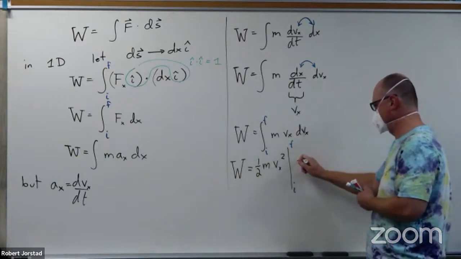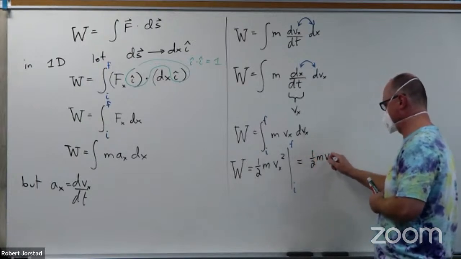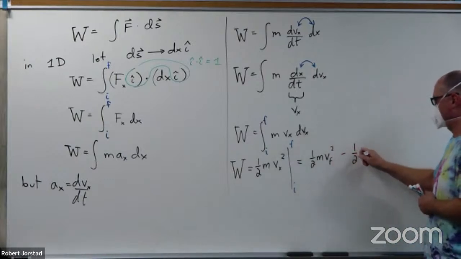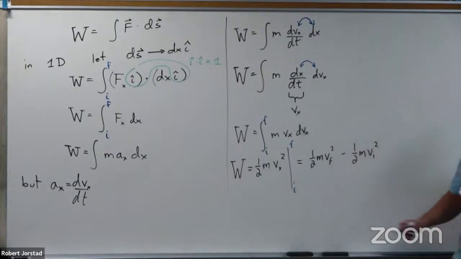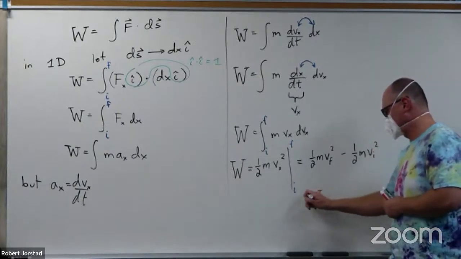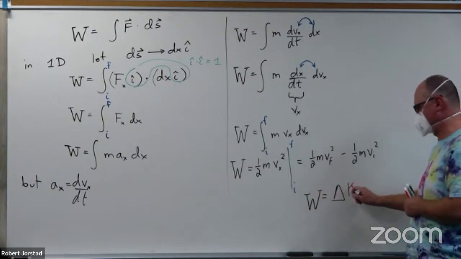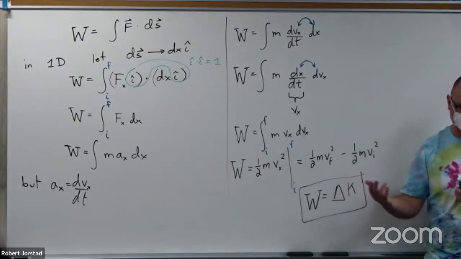It's equal to 1/2 m v final squared minus 1/2 m v initial squared. Or work equals change in kinetic energy. Got it? At first, this seems totally unrelated, but we see that work and kinetic energy are clearly related.